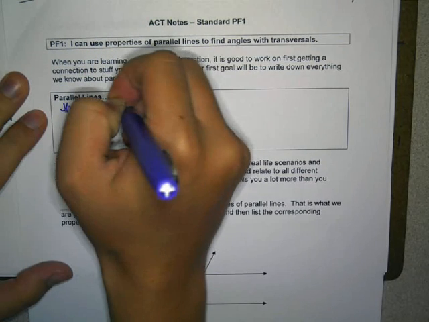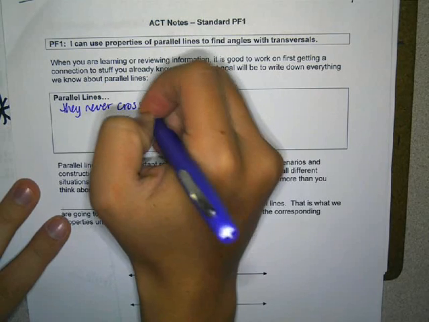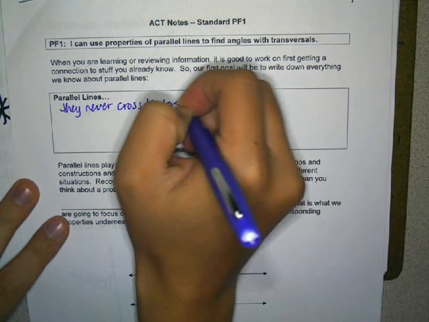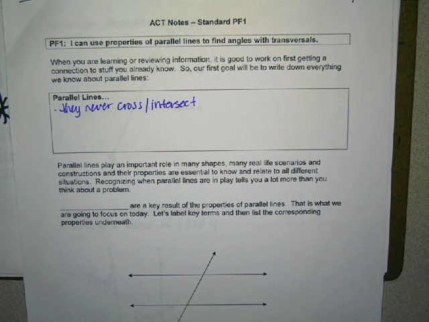They never cross. The other word that we can use there is they never intersect. Anything else? What about slopes of parallel lines? They're the same. Good.